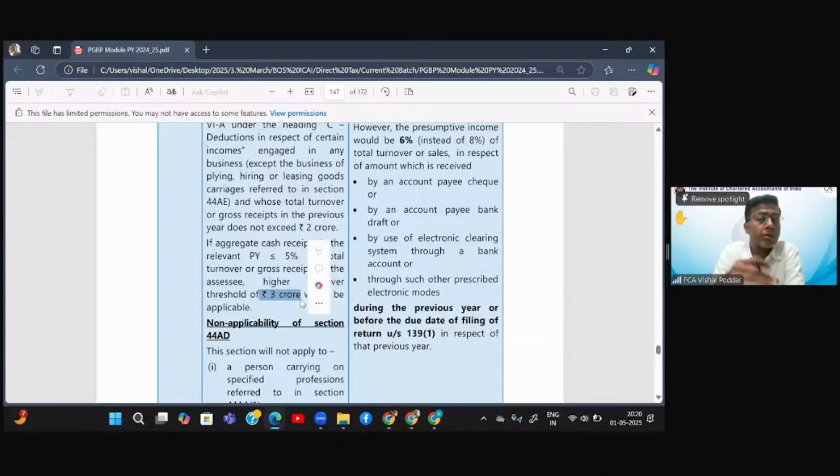So up to 3 crores, you will be covered here. Now you will find today that practically majority of these businesses, kirana shop, barber shop, etc., majority of our payment is made through online because people have got into the habit of scanning the QR code and making payment.